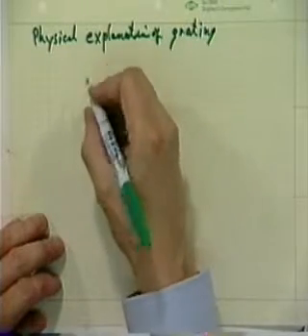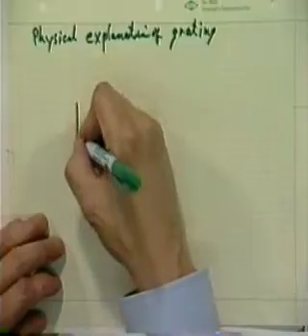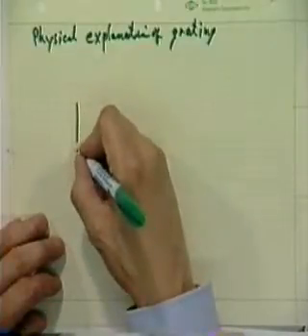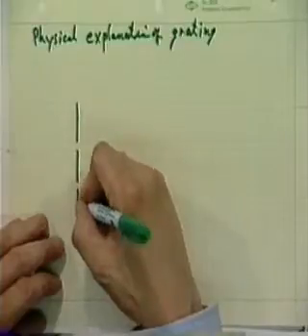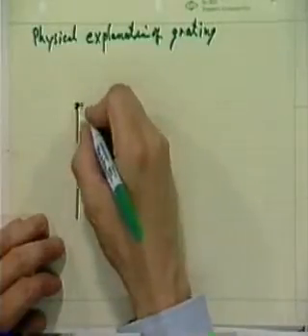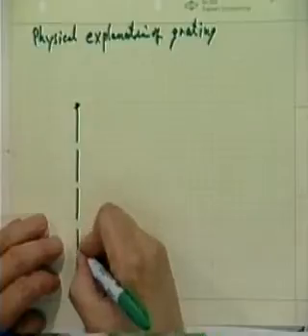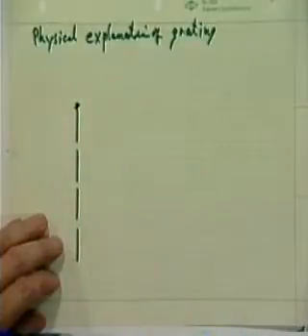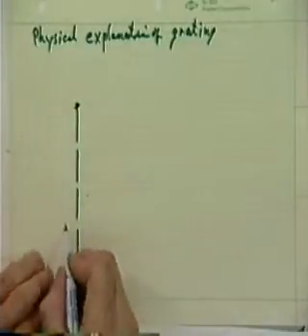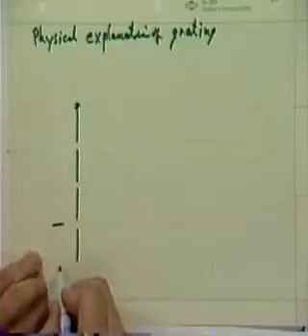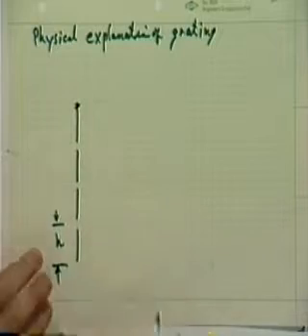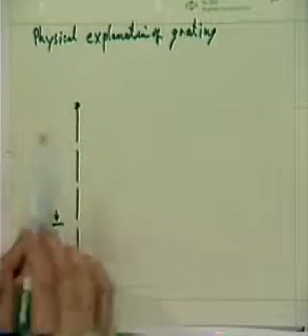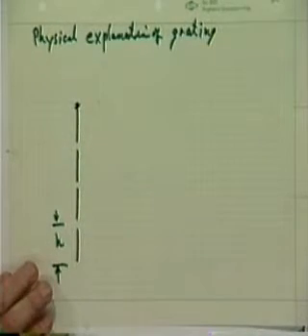And so we have these slits, and they have some spacing that we're calling h here. And let's say we illuminate this normally. Normal illumination.